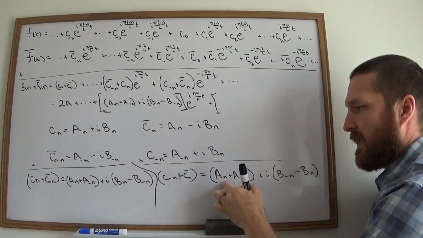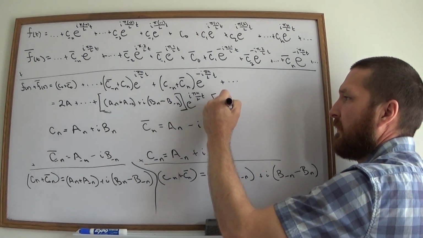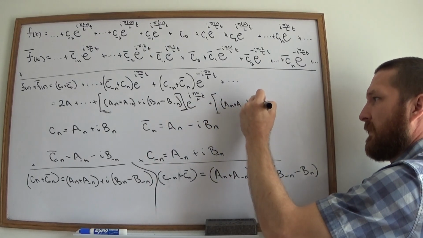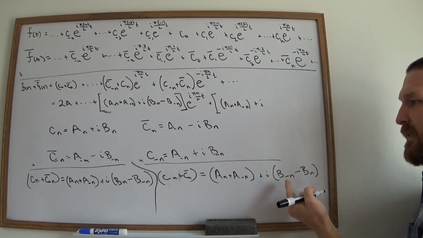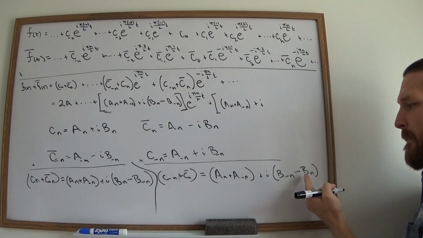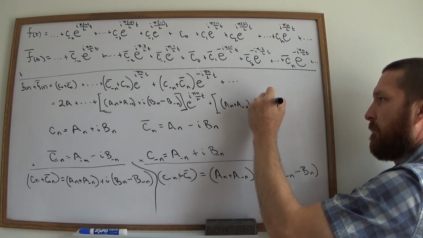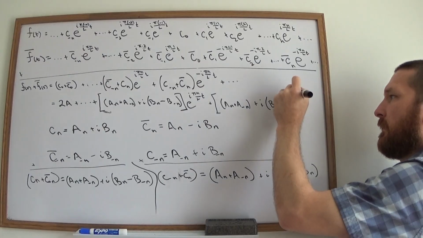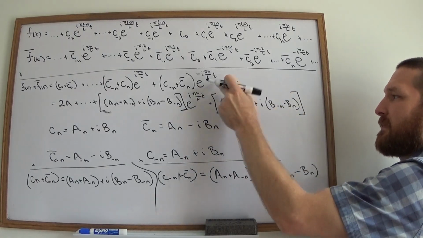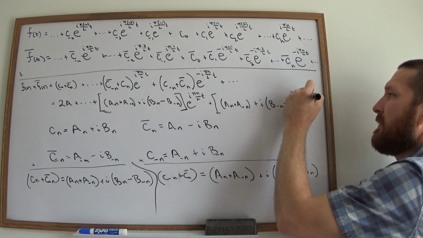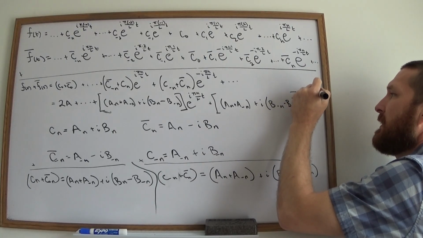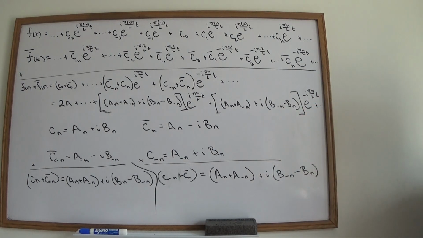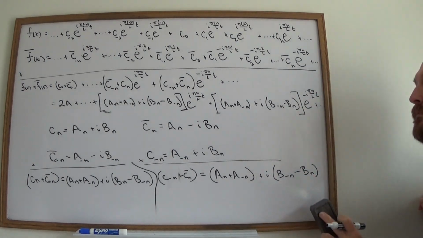So we have a n plus a negative n, plus i times b negative n minus b n. And that was that one. E to the minus i pi n over L t. And all the other ones going on out forever.